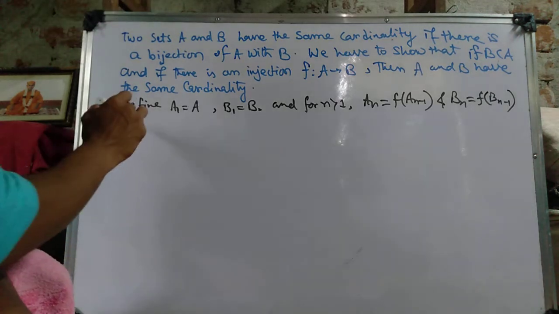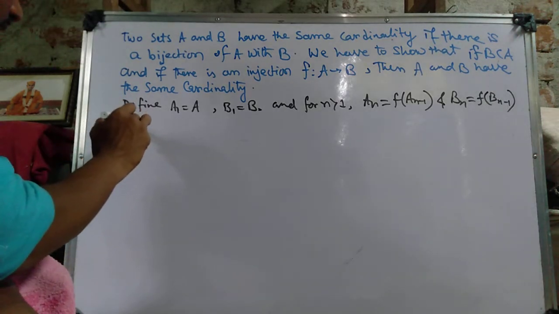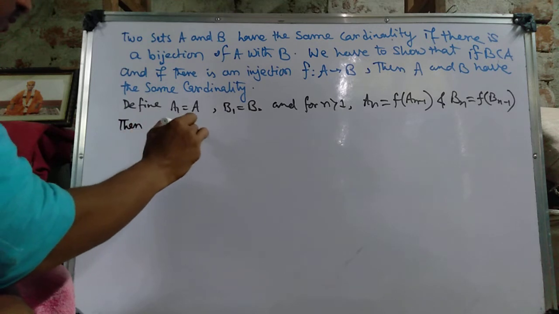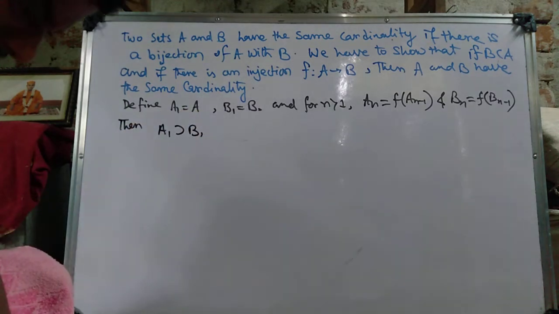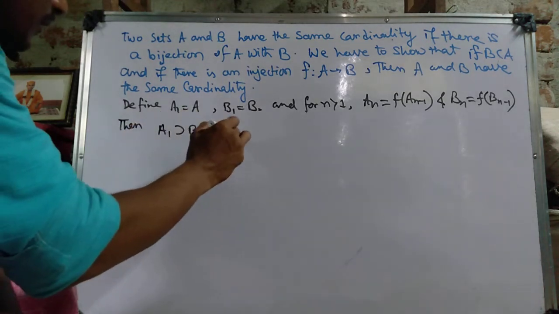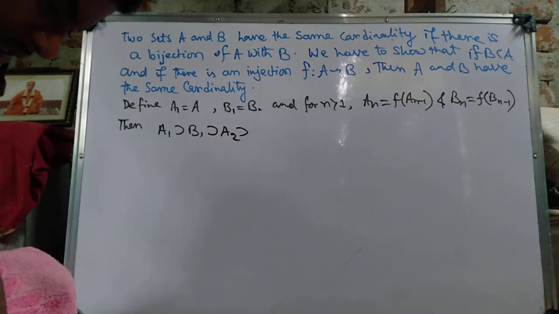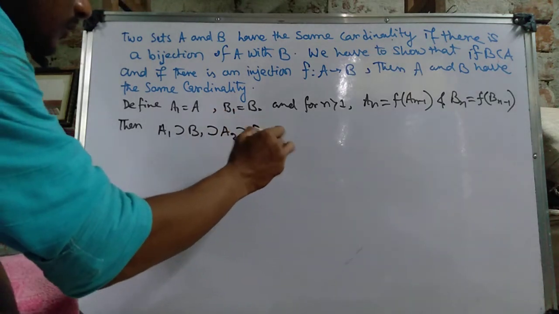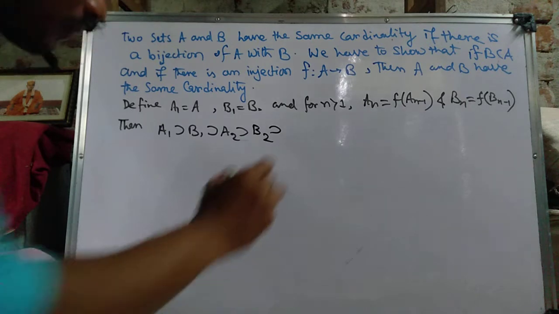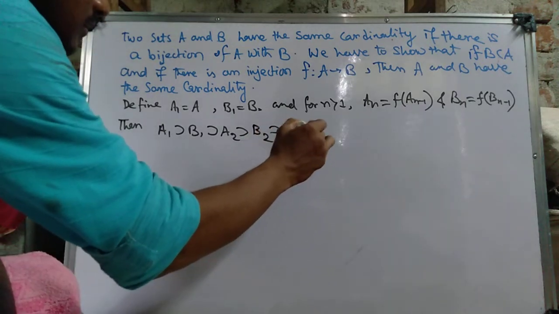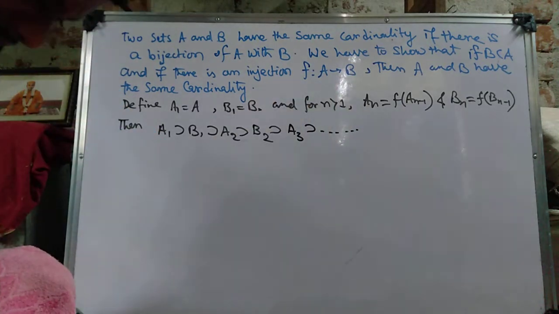Then A1 is a subset of B1, which is a subset of A2, which is a subset of B2, which is a subset of A3, and so on.